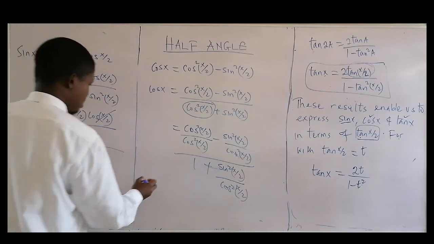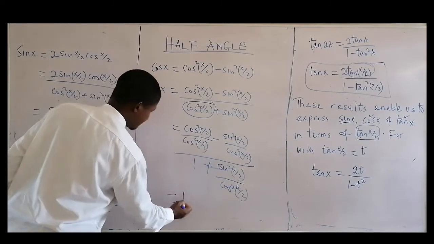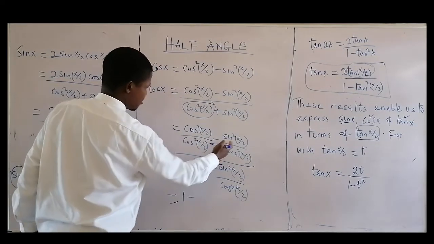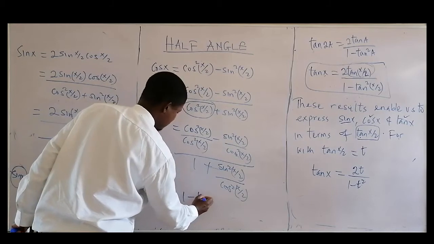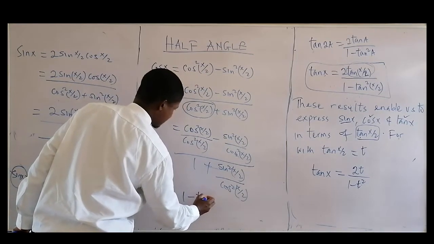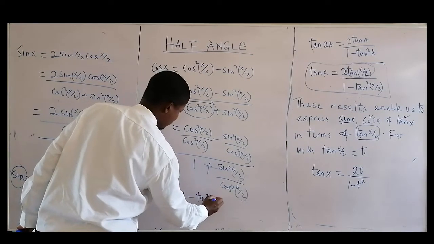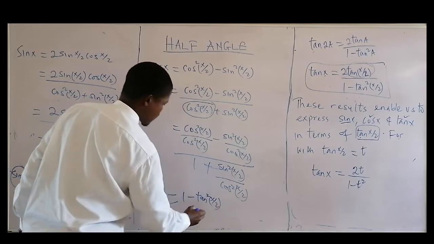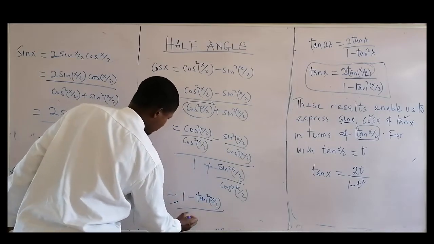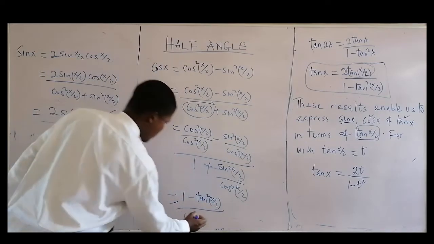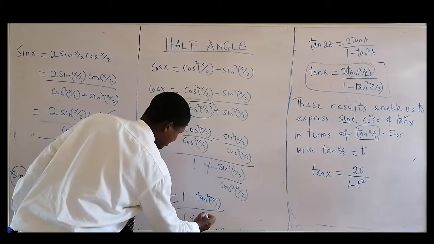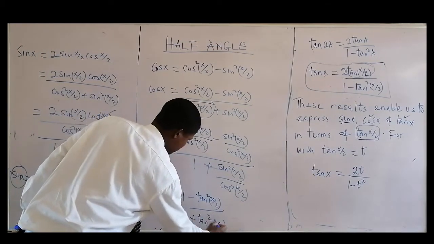Okay, and that will give us 1 minus tan squared x over 2 all over 1 plus tan squared x over 2.